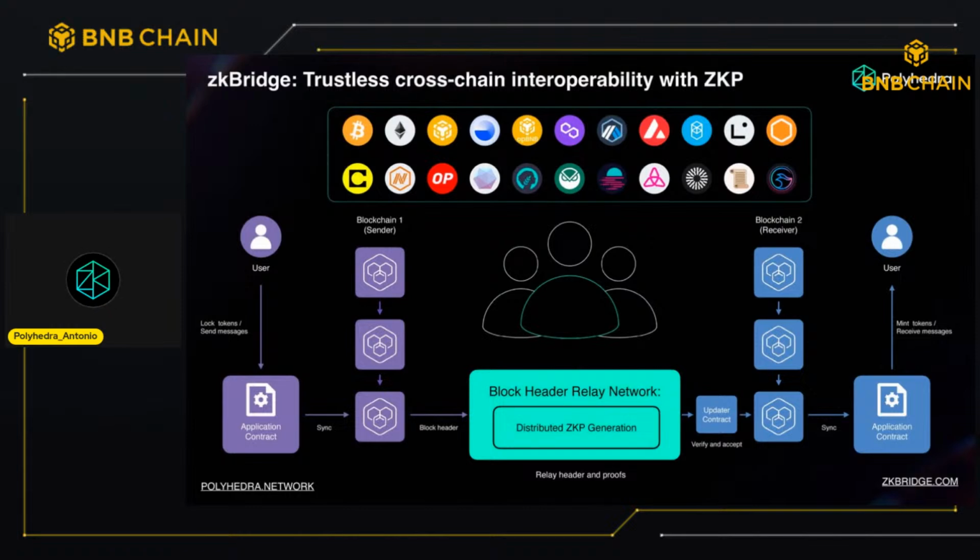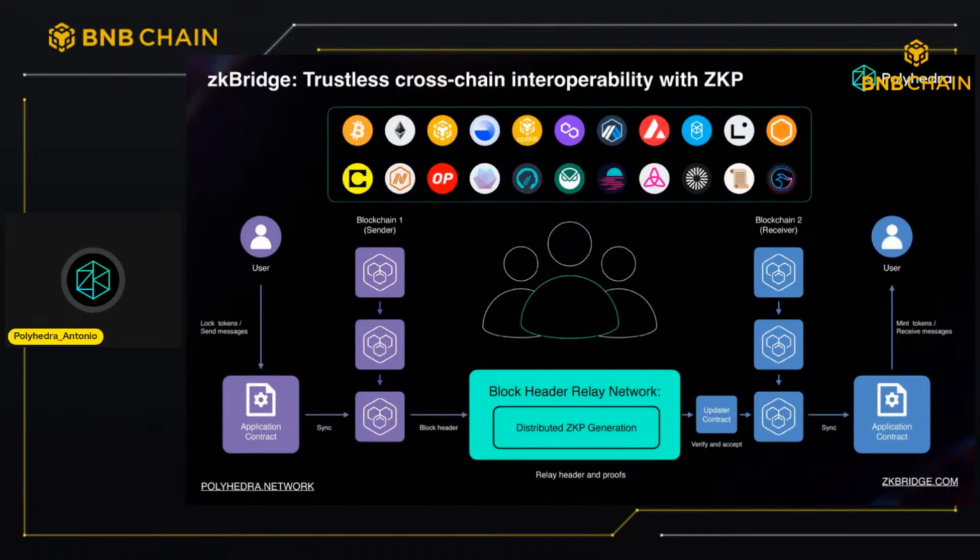In terms of cross-chain interoperability, well, not only cross-chain, but cross-sector interoperability, one thing we need to do is verify the correctness of a blockchain. Namely here, since we are offering the BNB chain sponsor track, one thing we need to do is to verify the block header of BNB chain, whether it's correct or not.